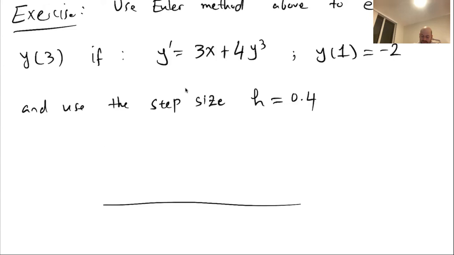So you can start from 1 here, and then you go to 1.4, then 1.8, then 2.2, 2.6, and then you go to 3.